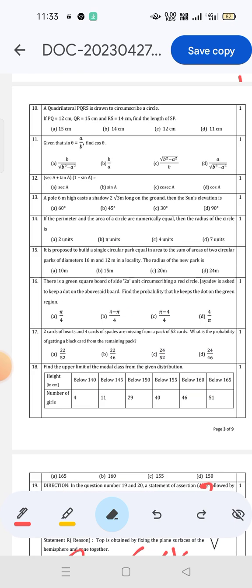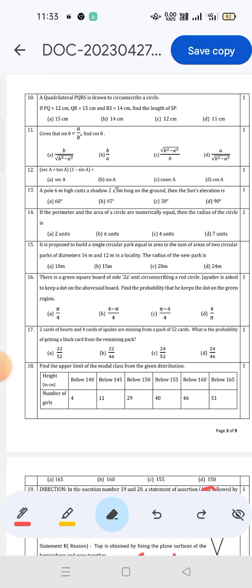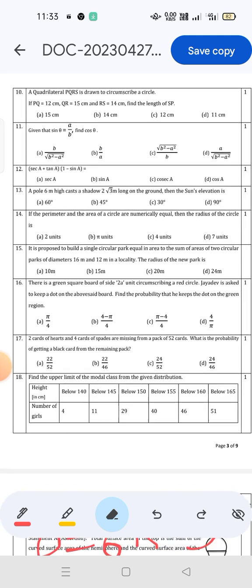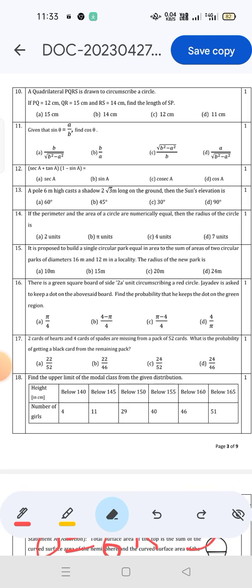Let me draw the figure here. So this is the given triangle.